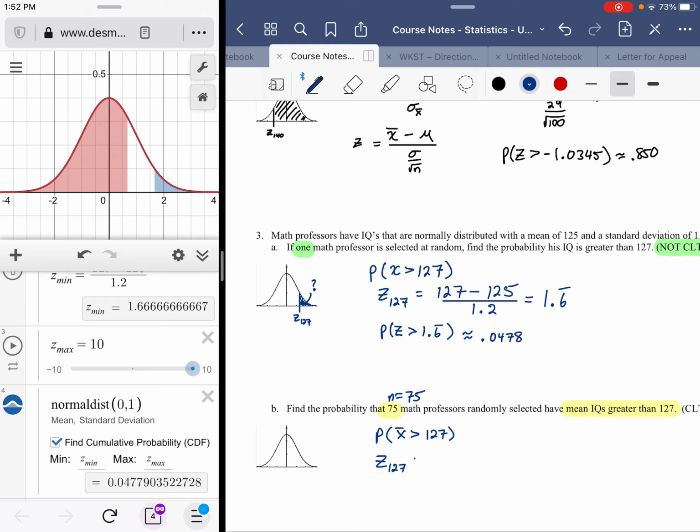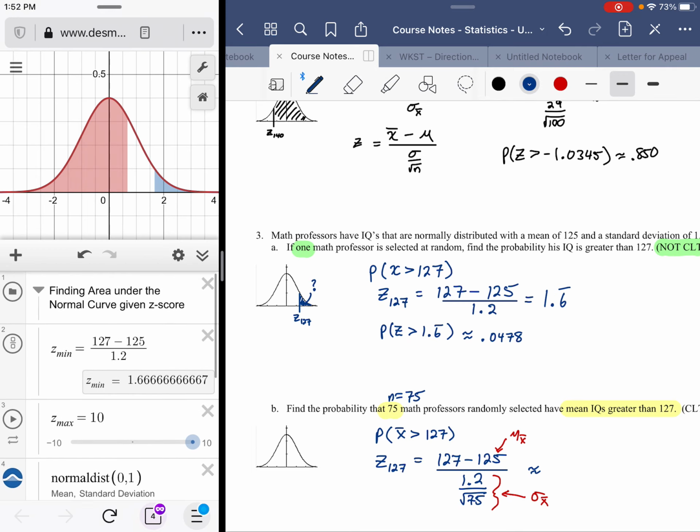So the z corresponding with 127 would now be 127 minus 125 over the sigma value, which was 1.2, but now divided by the square root of 75. So this is the mu sub x bar, and this whole thing is the sigma sub x bar.